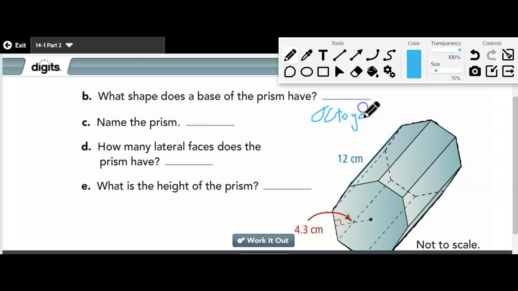Then name the prism. We name the prism from the shape of its base. So the base is an octagon, so it's called an octagonal prism.